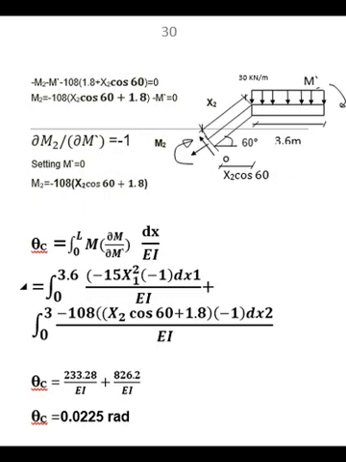The limit for x1 is from 0 to 3, and for x2 from 0 to 3.6. We take the integration for both segments, and we will find that the rotation at point C will equal 0.0225 radian. Thank you.